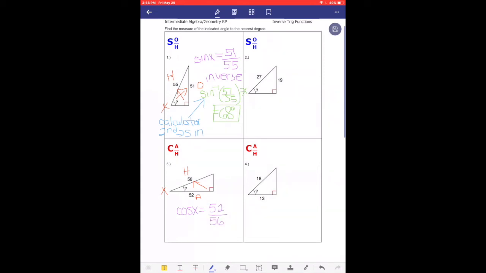Now to get that x and to get rid of the cosine, we're going to do the inverse, which again just means that I'm hitting cosine -1 and then 52 over 56. That will give me x.